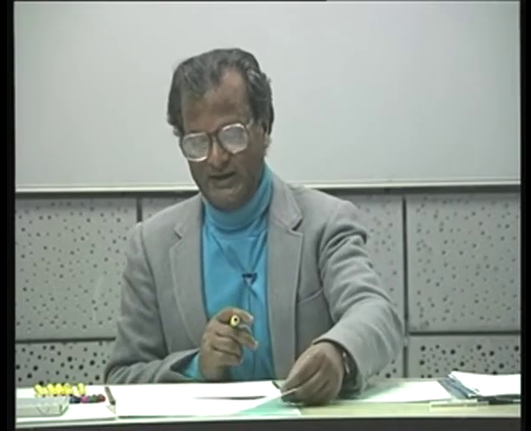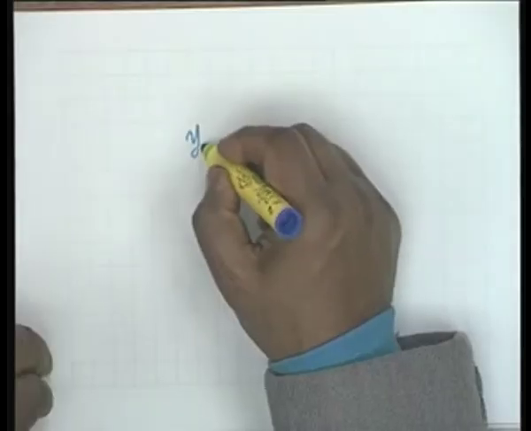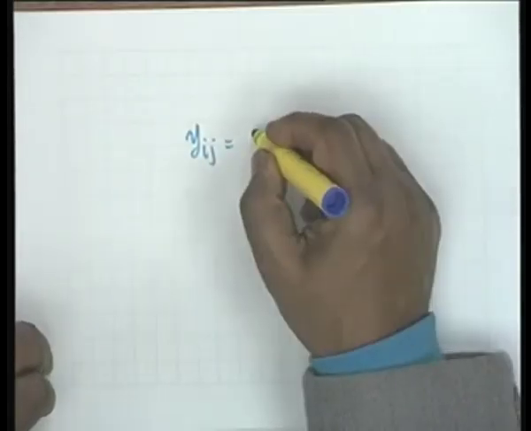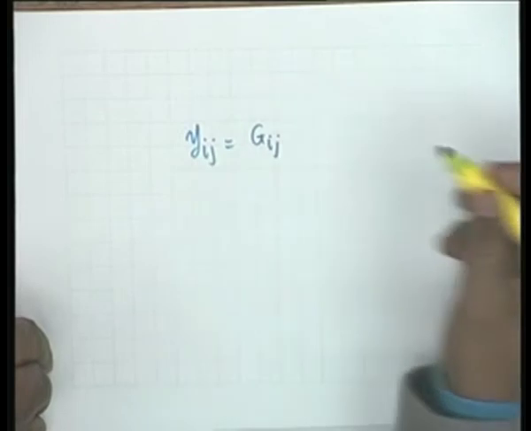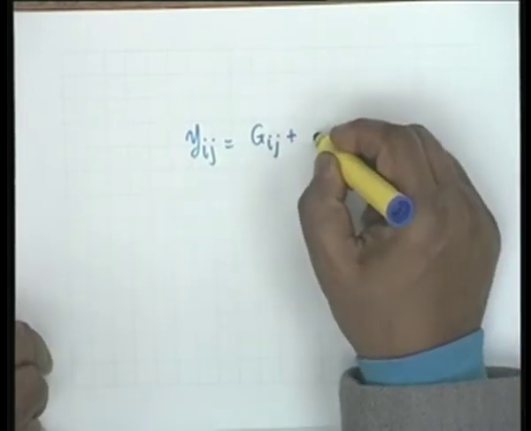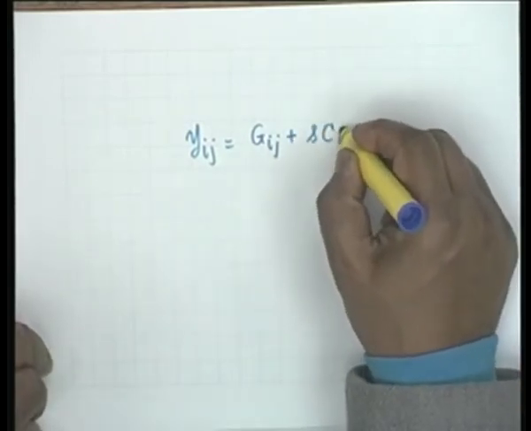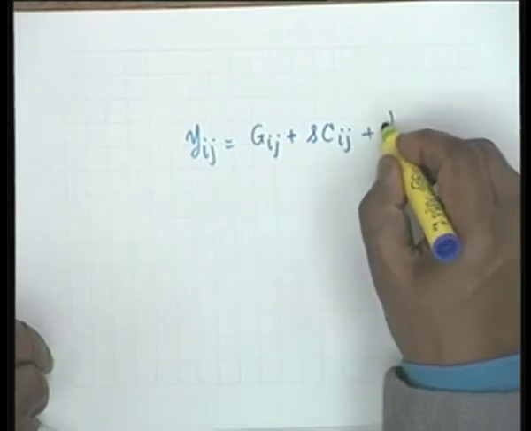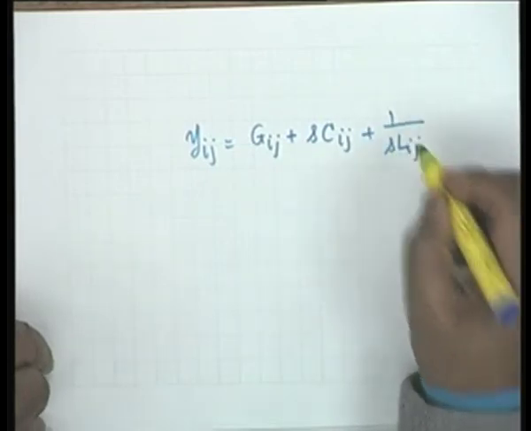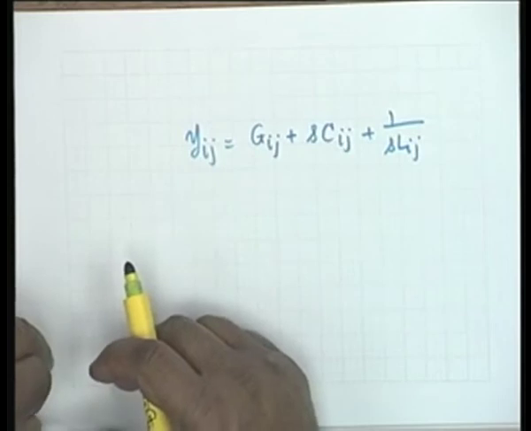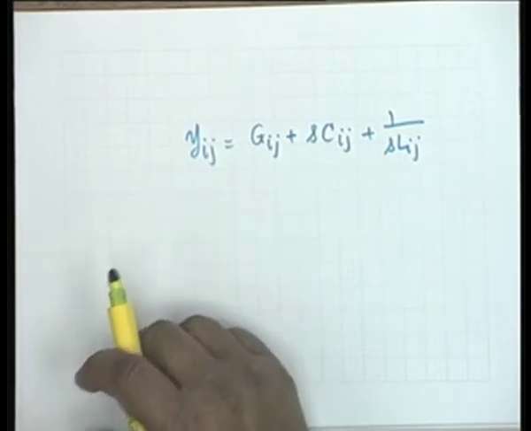In general, therefore, I can write Yij as equal to Gij, some conductance, plus some capacitance S Cij plus 1 over S Lij. In general, I can write it like this if RLC elements compose this.